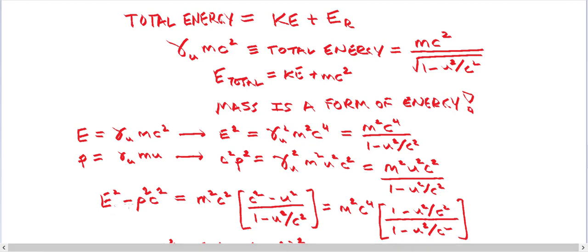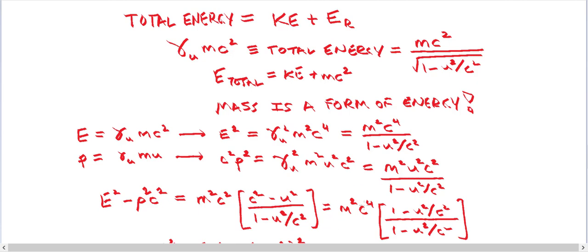We could take E squared minus c squared p squared and say that it is equal to m squared c squared times c squared minus u squared, all of that over the denominator 1 minus u squared over c squared.